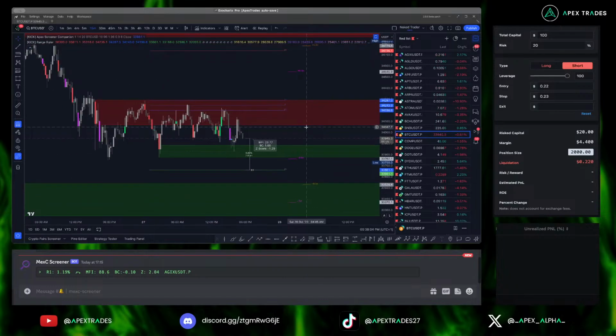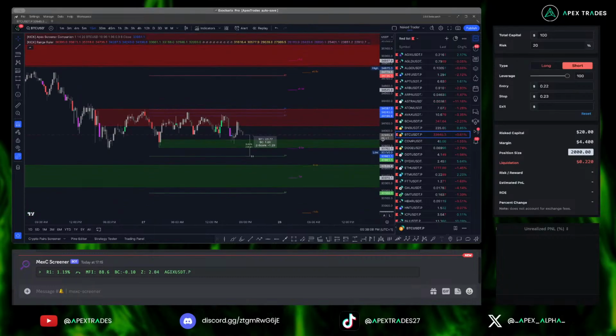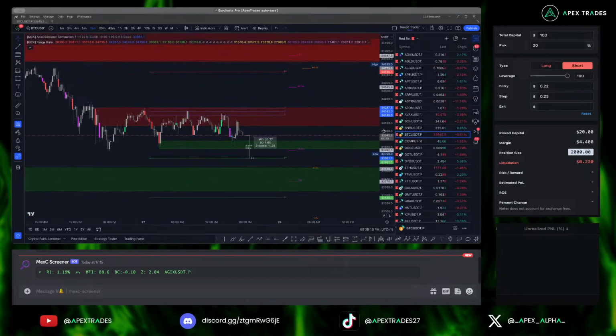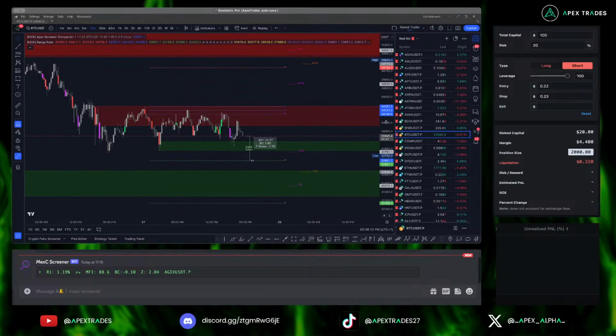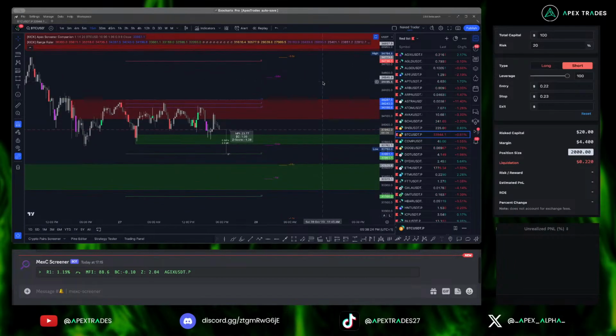So the range ruler is a fantastic tool because it's all about probability. It's all about where you expect price to be in terms of its daily close. So when you see during the trading day that price is really starting to extend, price more than likely will end up back in that range.